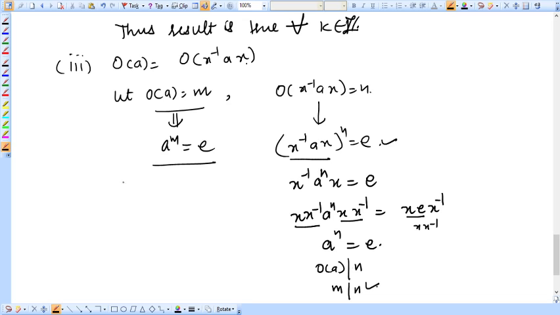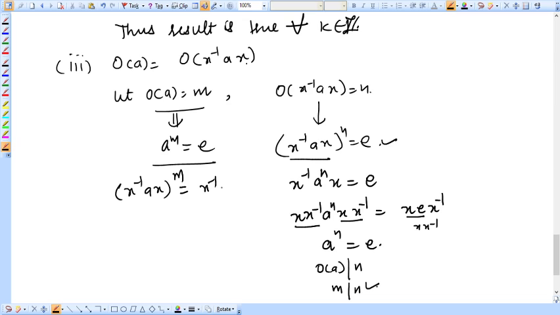So here now you can see, what is the power of x inverse a into x? If the power of this element is equal to m, what is the result? It could be written again in the same way.